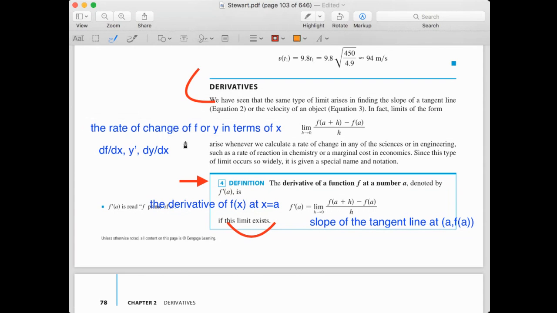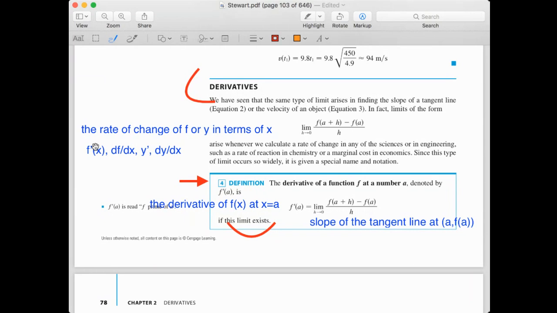I think this book and other books use different kinds of notations, but all those notations mean the same thing. A derivative means rate of change. It measures how two variables are related to each other. So also we have f prime of x. They all mean the rate of change of f in terms of x. How does a change in x affect the change in f of x?